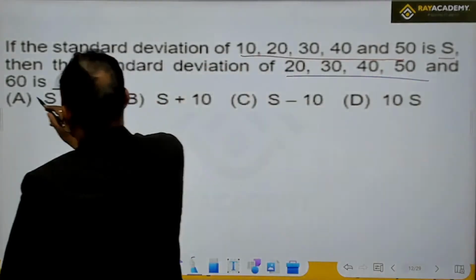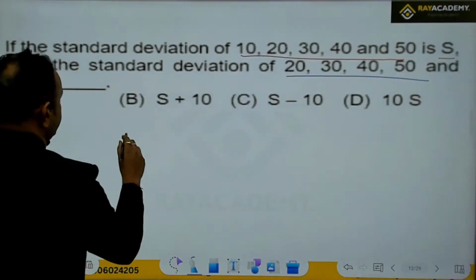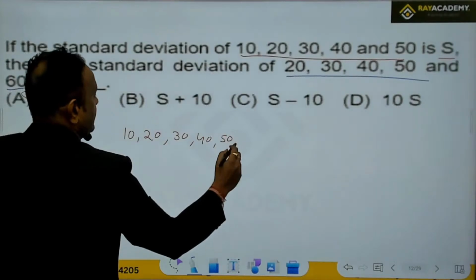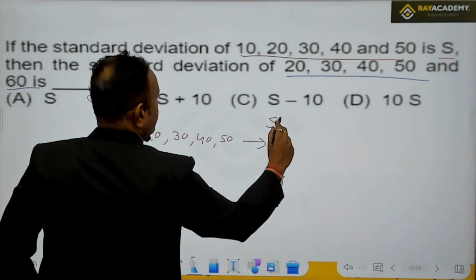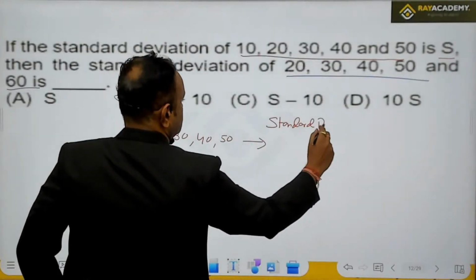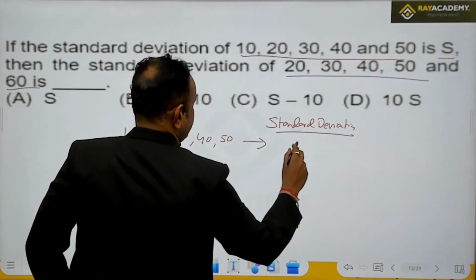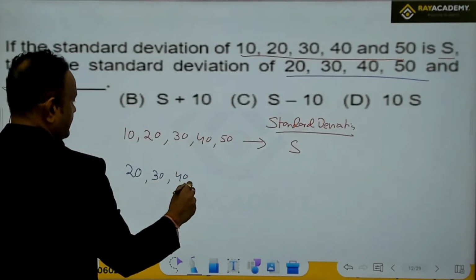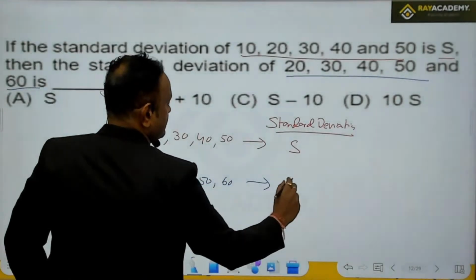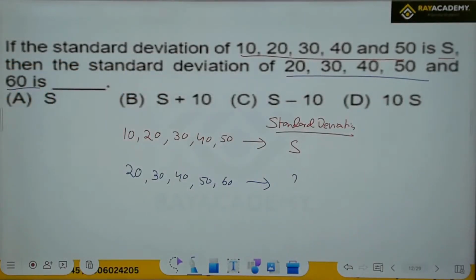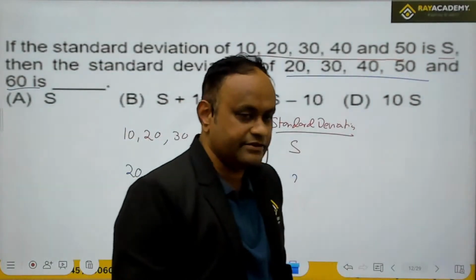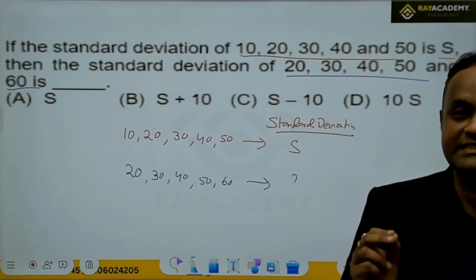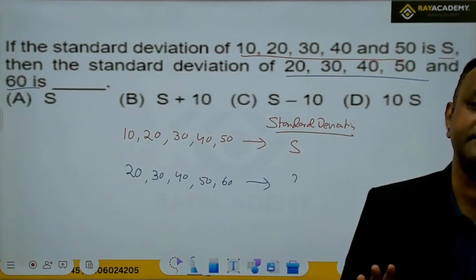Keep this concept in mind: if the standard deviation of a data set is s and I add or subtract a constant from each element, then the standard deviation is not going to change.